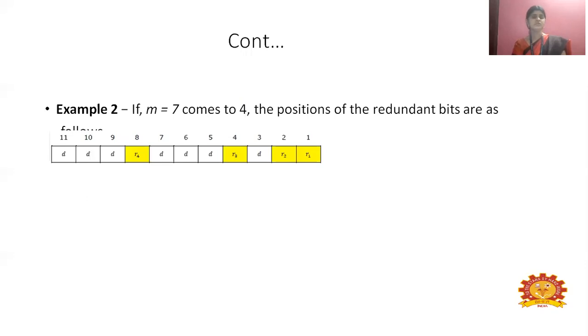If m is equal to 7 and r is 4, the positions of the redundant bits are given as R4, R3, R2 and R1 at their respective positions.